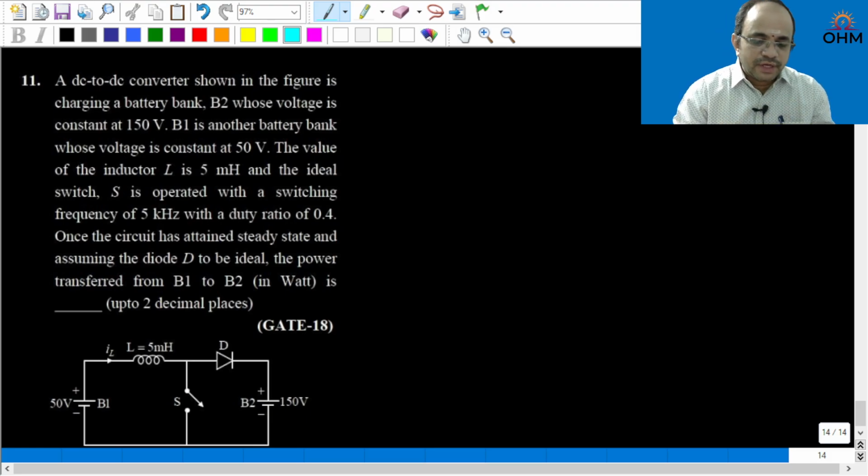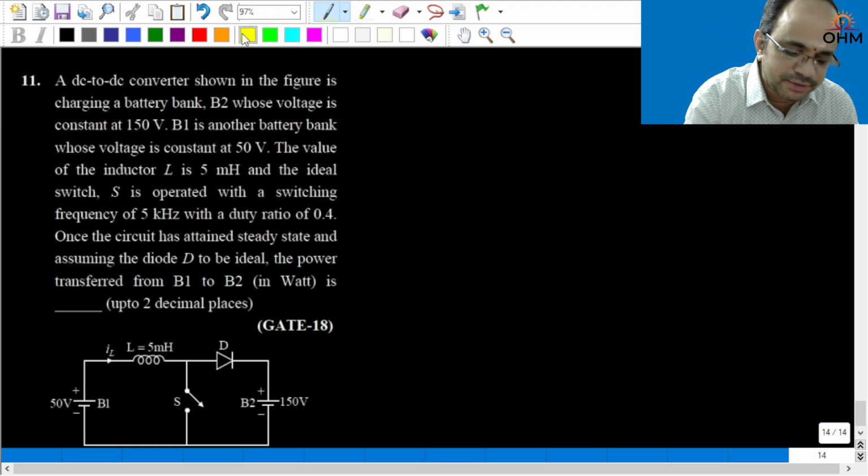The value of the inductor is 5 millihenry, and the ideal switch S is operated with a switching frequency of 5 kilohertz with a duty ratio of 0.4. Once the circuit has attained steady state, and assuming the diode to be ideal, how much power is transferred from B1 to B2? So, first let us write down a few basic equations.